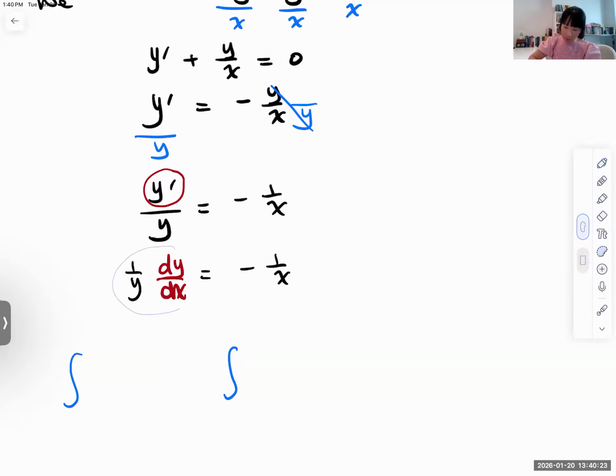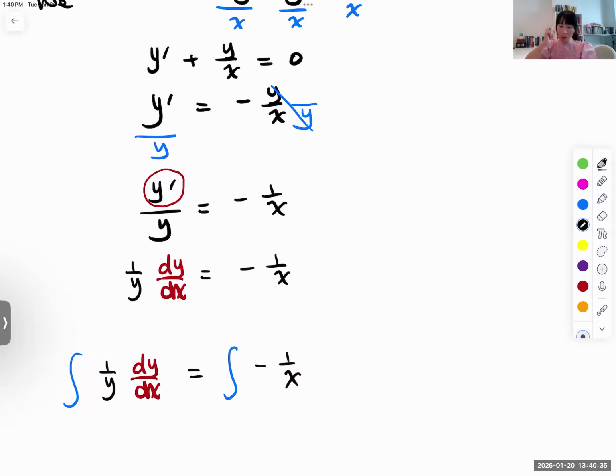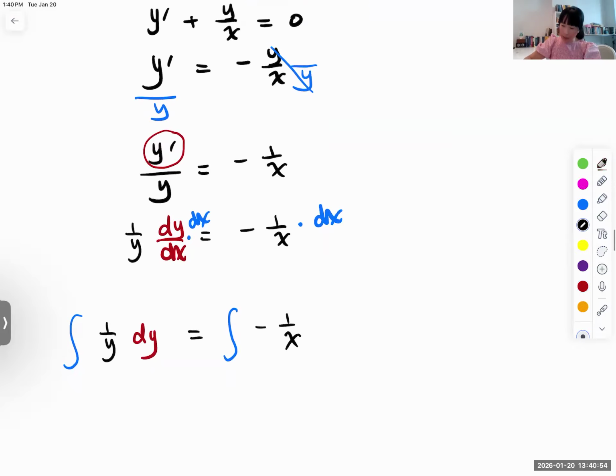Then we have 1 over y dy over dx equal to negative 1 over x. Oh, I forgot to multiply by dx. Yeah. And we don't have dx here. And we have a dx on the right side, right? Okay.